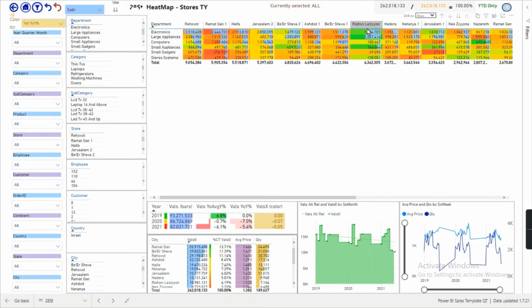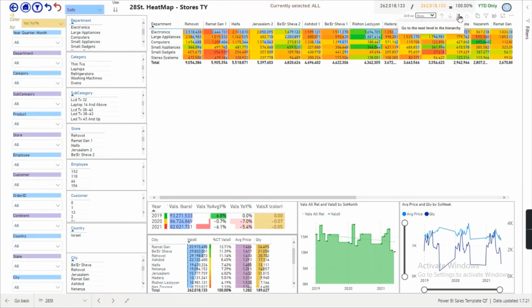Colors. You see Rishon LeZion in green. That's because the color that was selected is value year-over-year %, the increase of sales over the last year. So Rishon LeZion is doing well in 21 over 20, so it's green, and Ramat Gan 1 is doing badly, so it's red.